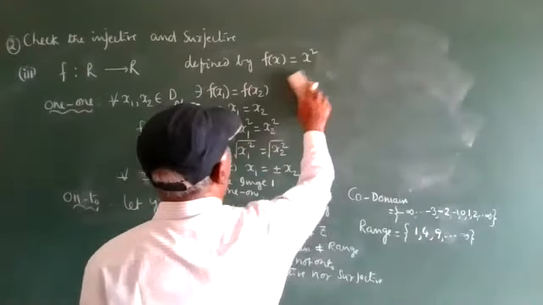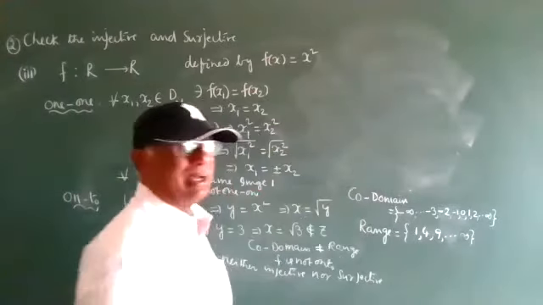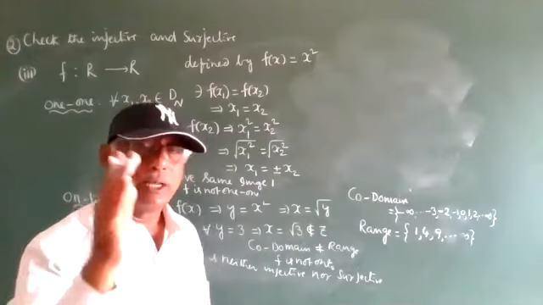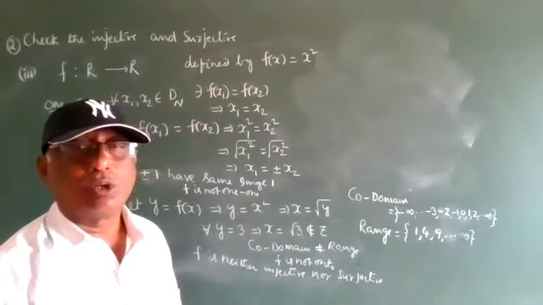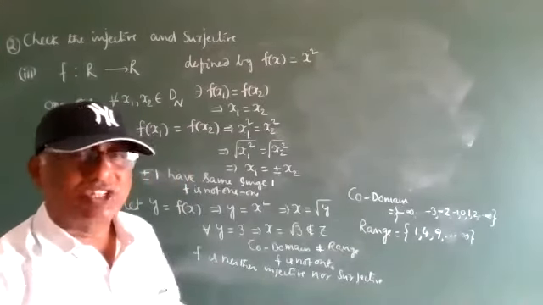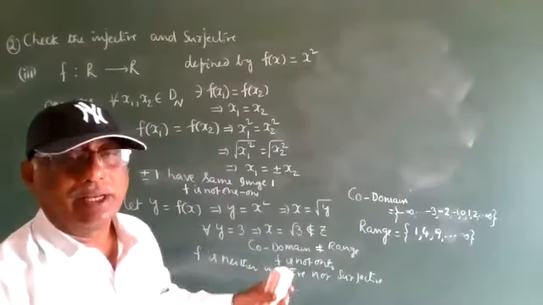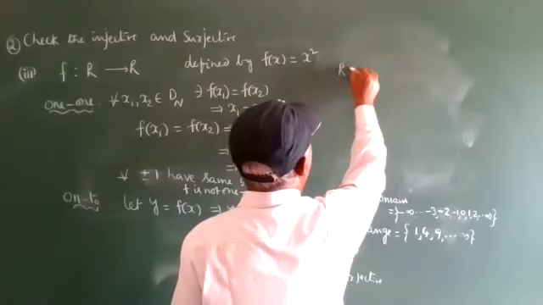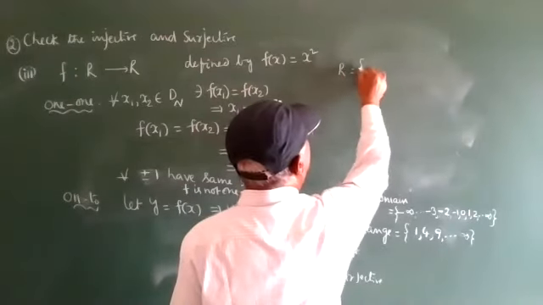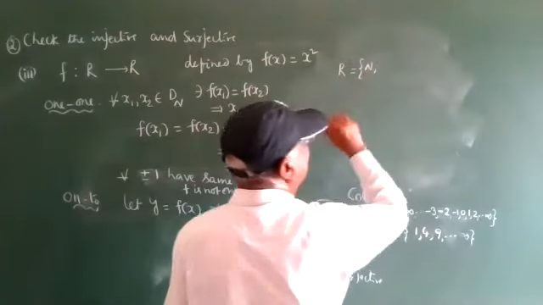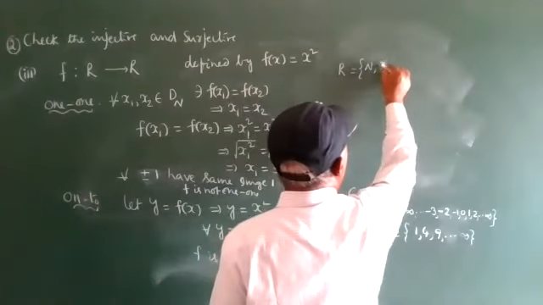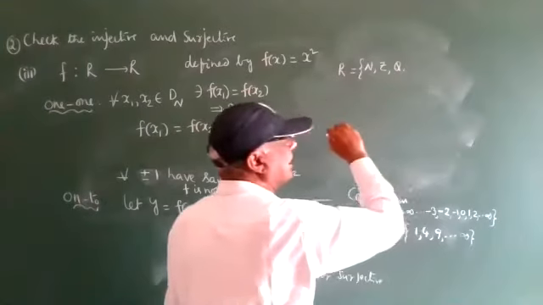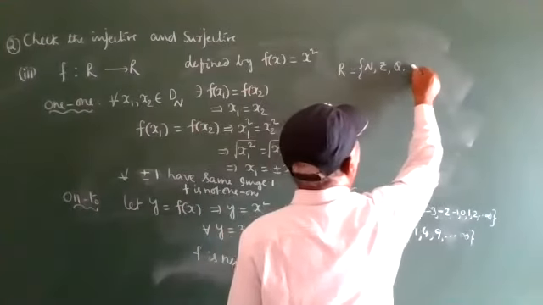Everyone observe real numbers. What is a real number? All root values, positive values, negative values, fractions, everything is there. Integers are real numbers, natural numbers are also real numbers, fractions and rational numbers are also real numbers.